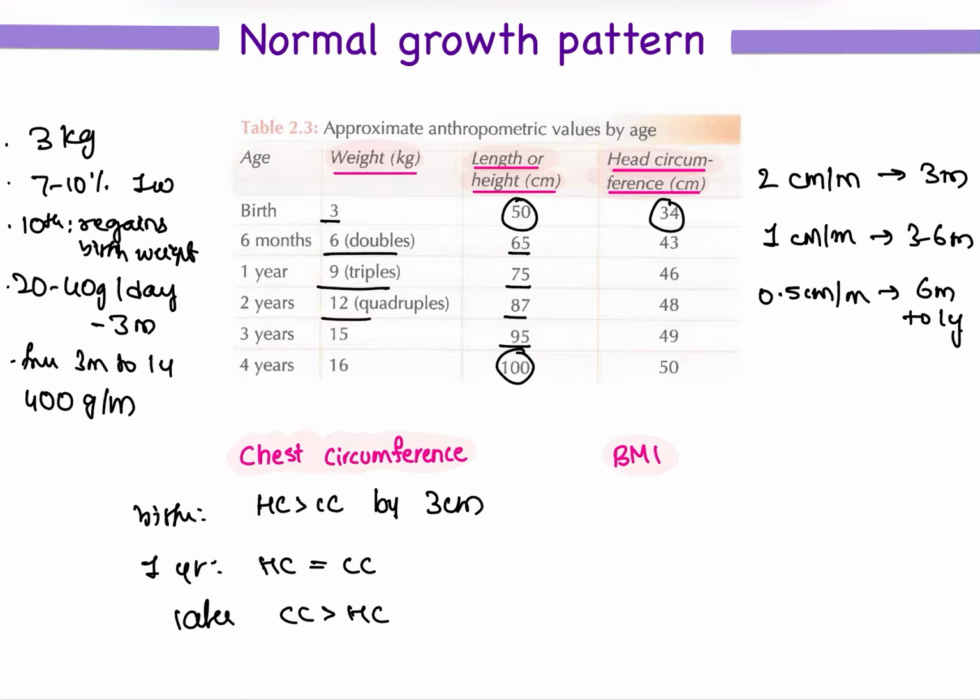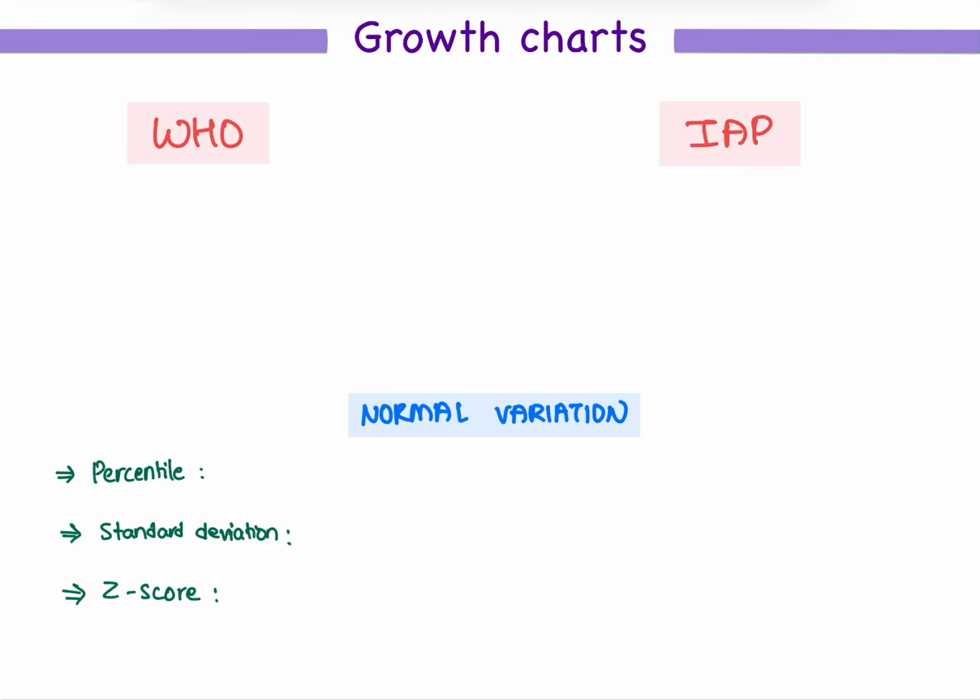BMI is body mass index. It is weight in kgs by height in meter square. Growth charts. There are two types of growth charts. They are WHO and IAP.